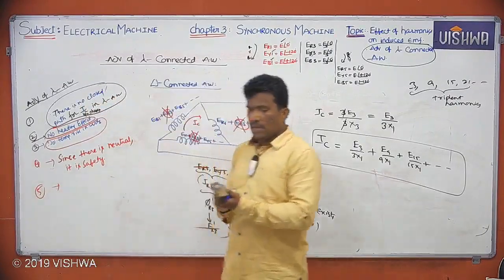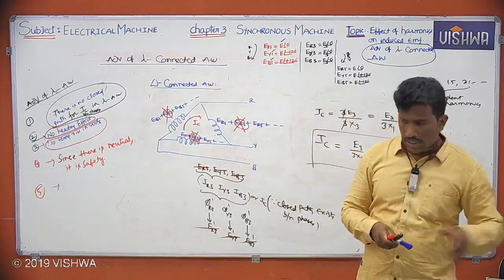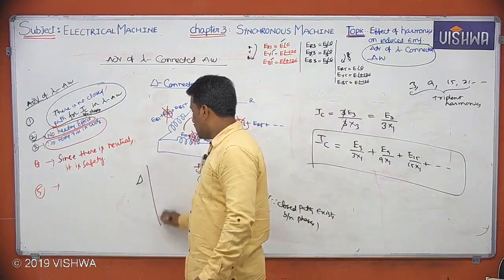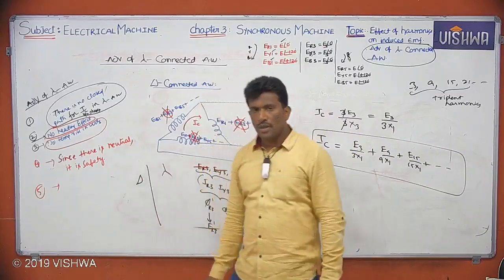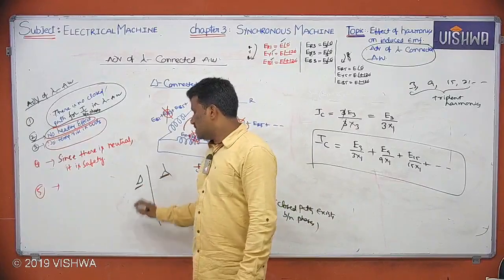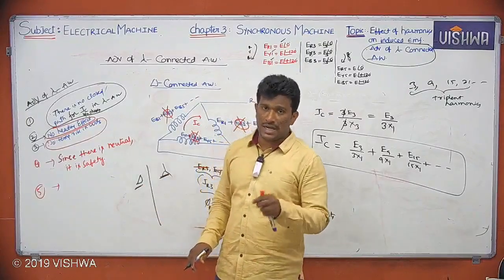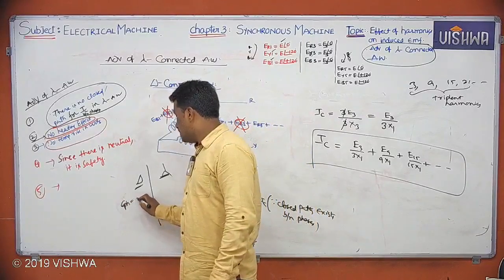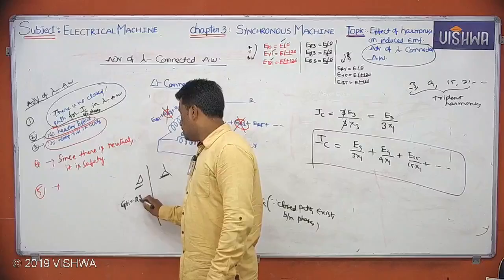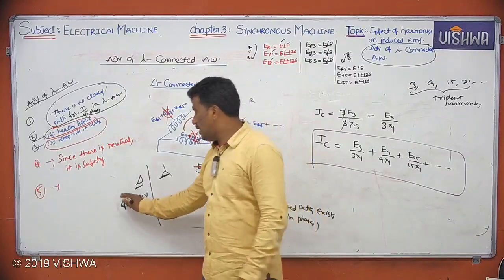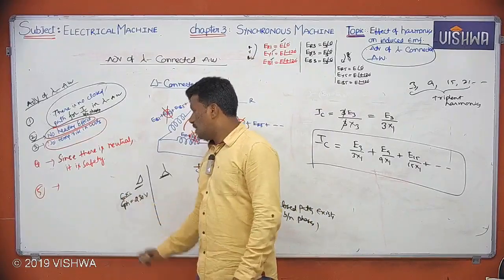Fifth point. Example, guys, you just assume if delta is there, suppose star is there. If an alternator is delta connected, let me take 230 volts as the phase voltage induced in the alternator.